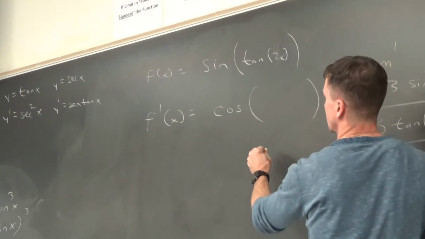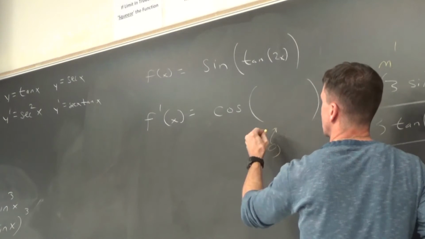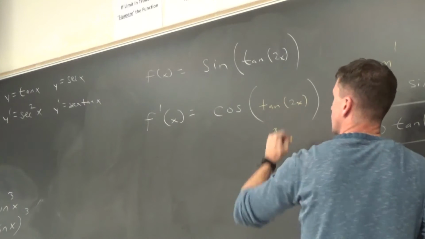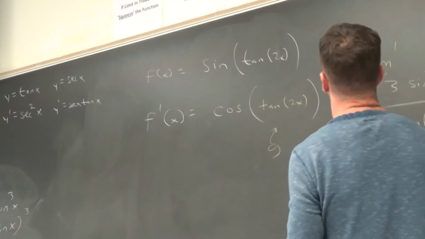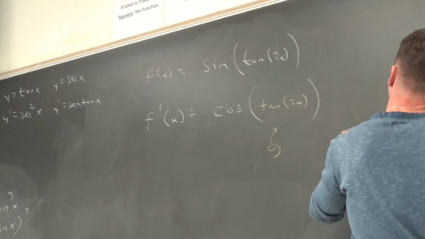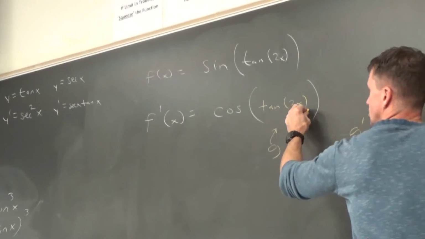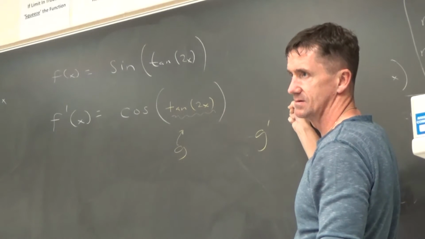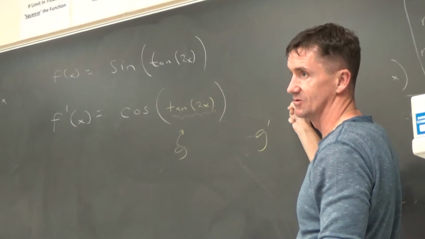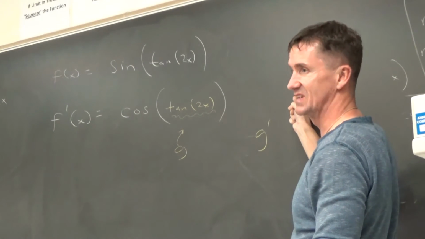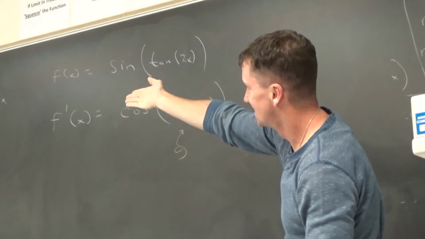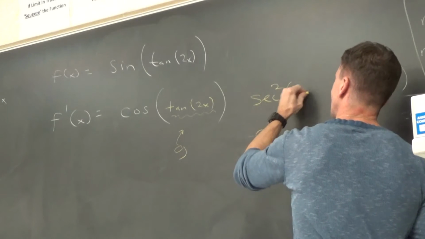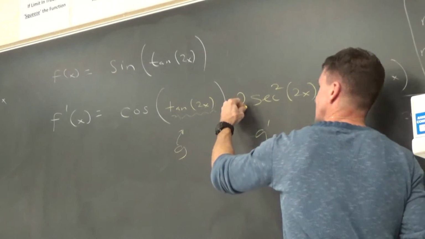I'm going to put your g back in there: tan of 2x. But chain rule means I need to get the derivative of that and multiply, which involves another chain rule. What's the derivative of tangent of 2x? Secant squared of 2x times a what? By chain rule, times a 2.